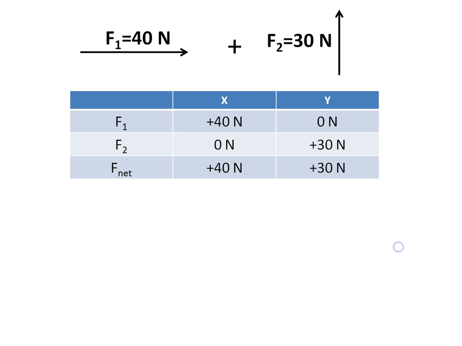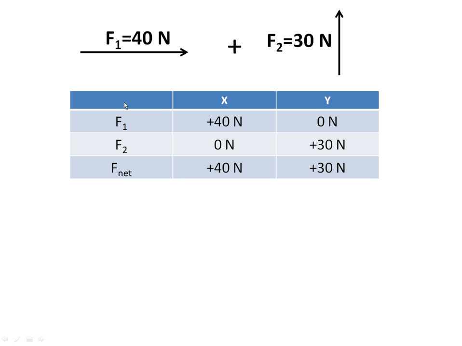So let's come back to the example that I presented just a few minutes ago. Let's say that you want to add the vectors of 40 newtons plus 30 newtons, where 40 goes to the right and 30 goes up. To do this by the component method, you need to make a table. The table should have an x column and a y column, and I usually like to put a column in the front that lists the forces as they're labeled.